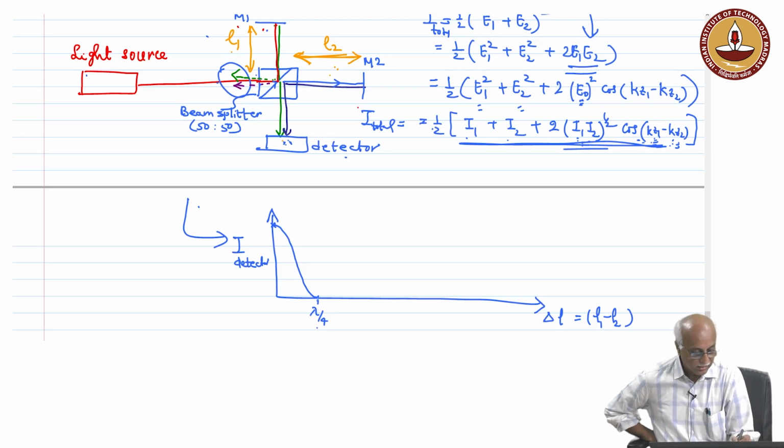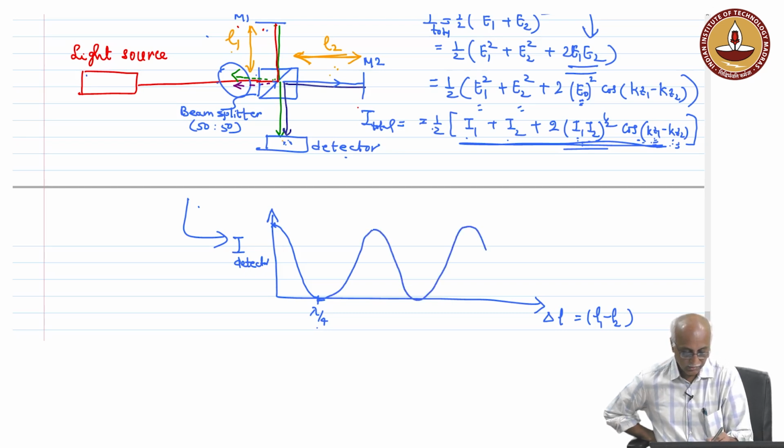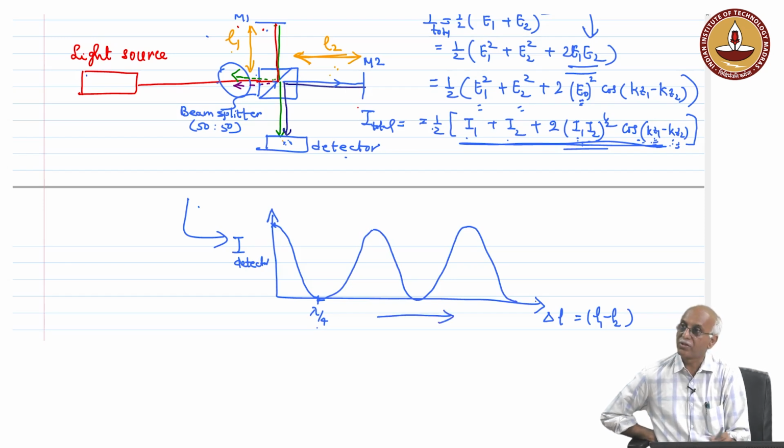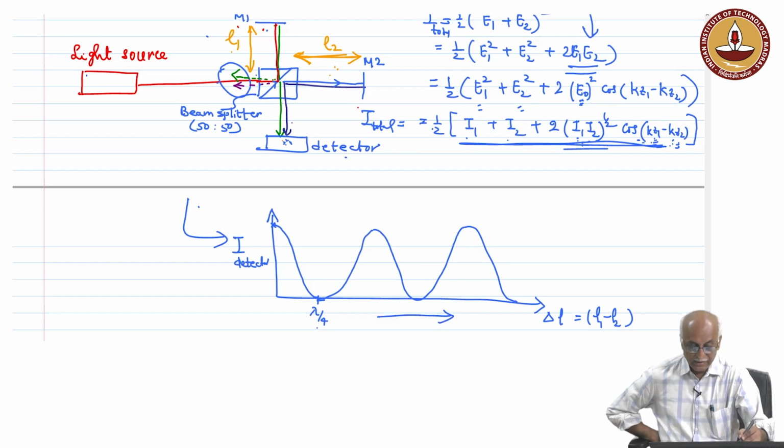Once again, as it increases, then again it will decrease, depending upon the path length it changes. Am I clear? The detector over here will detect maximum intensity, then it will go to 0 because L1 minus L2 equals lambda by 4.